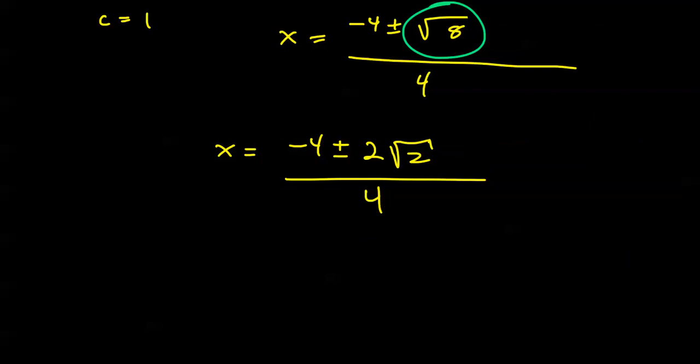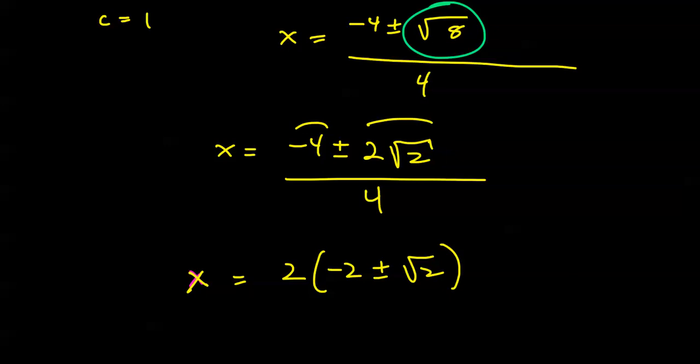Well, what can I do? I can see a factor of 2 in my numerator. If I factor out a 2, 2 is a common factor, so I can factor out a 2 from both of these terms in my numerator. And of course, 4 is 2 times 2 in the denominator.